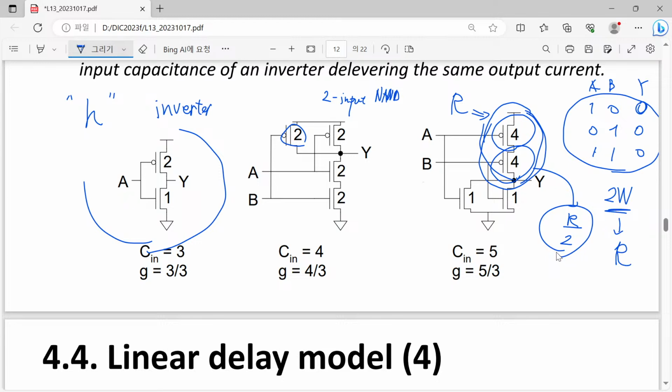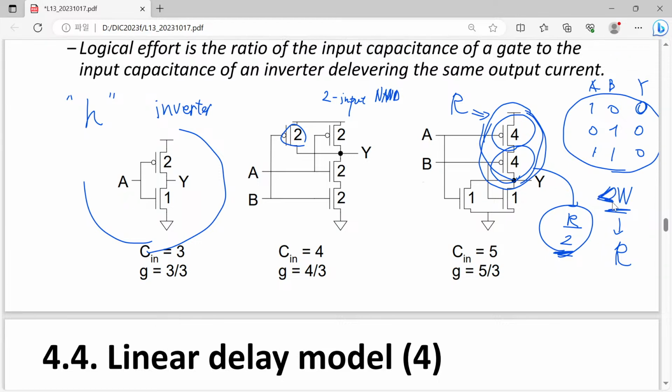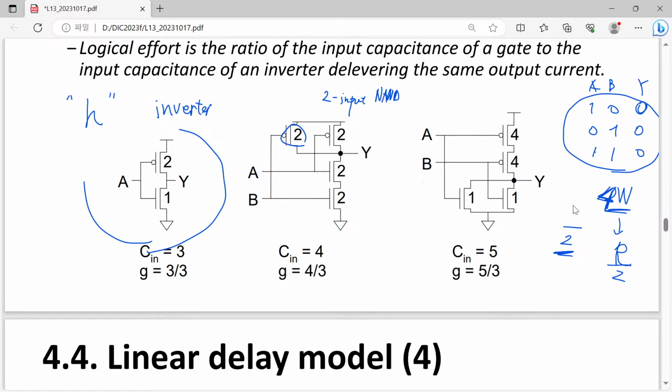So in order to have half of R, our sizing should be 4 times the unit width. That's the reason why we have this quite wide PMOSFET in this pull-up network.